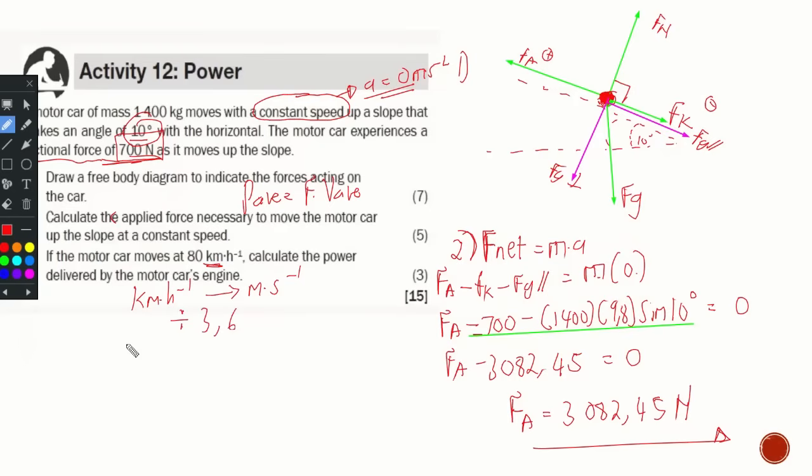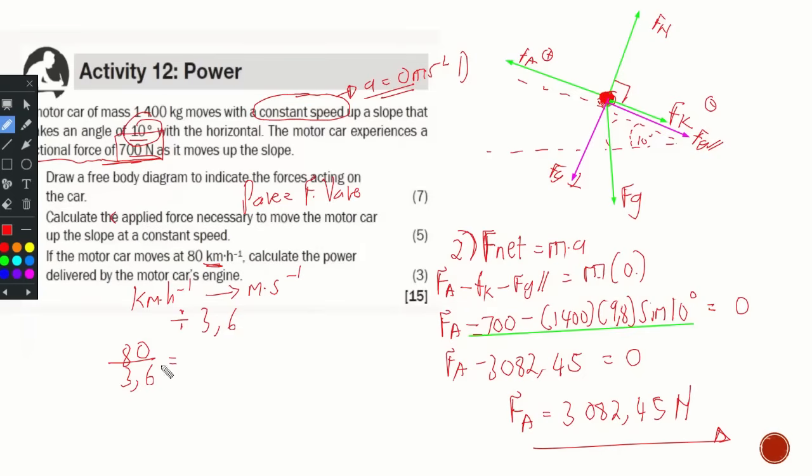So we are going to take this 80 divided by 3.6. So your calculator, say 80 divided by 3.6. That's the simplest way. Whenever you are given kilometers per hour, you want to convert to the desired SI unit, just divide by 3.6.